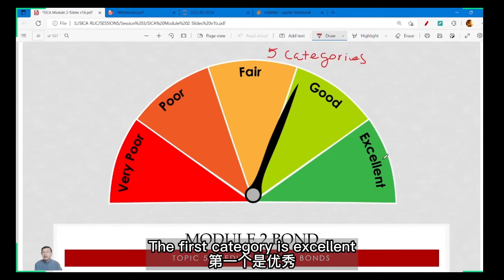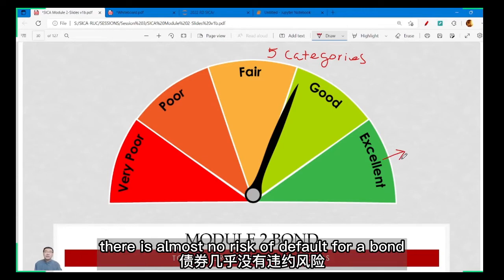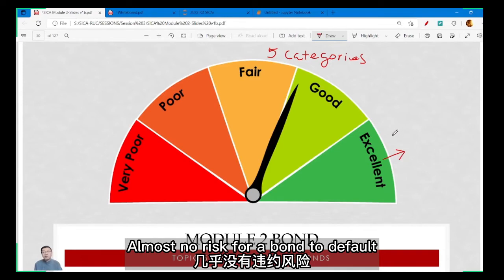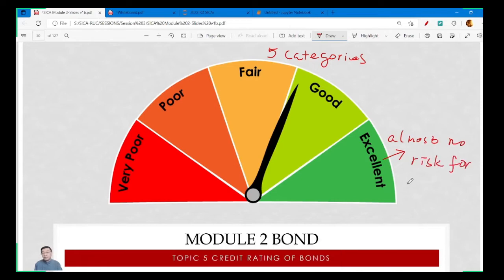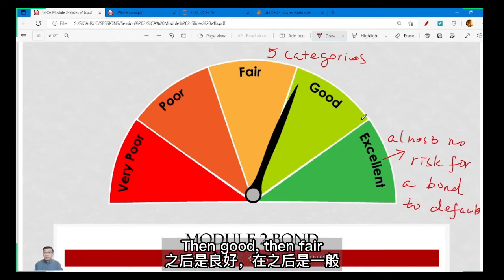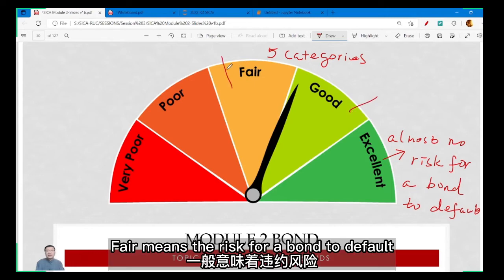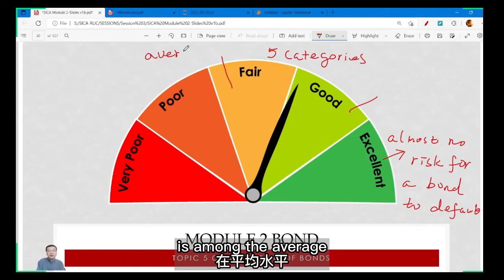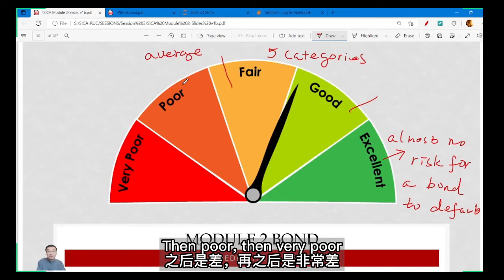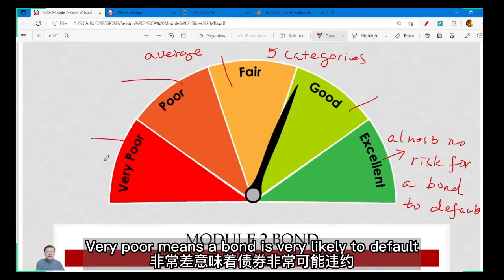The first category is excellent. Excellent means there is almost no risk for a bond to default. Then good, then fair. Fair means the risk for a bond to default is about average. Then poor, then very poor. Very poor means a bond is very likely to default.